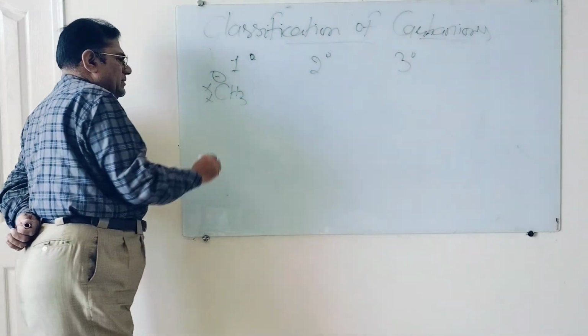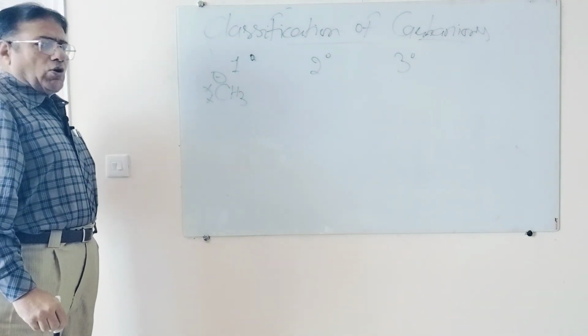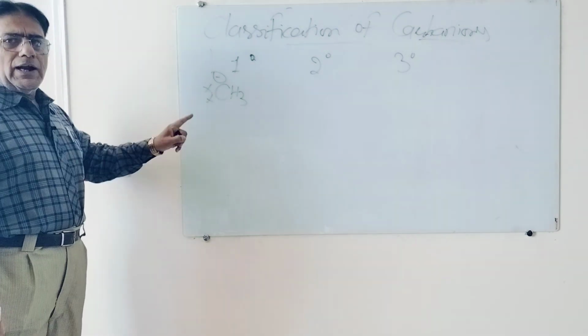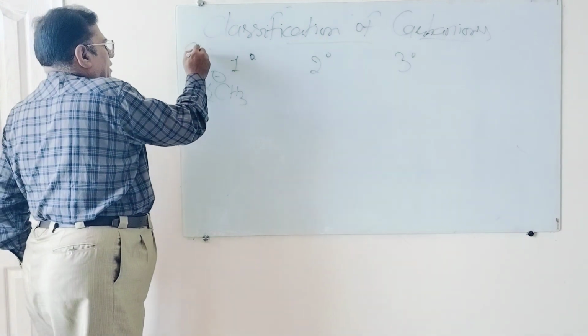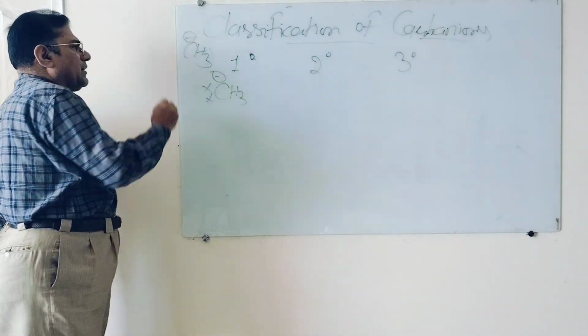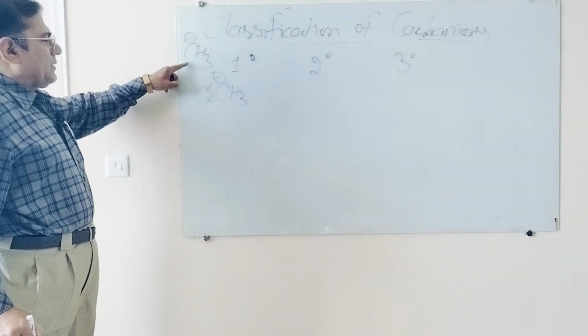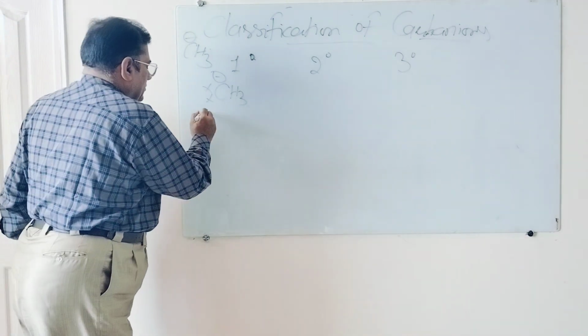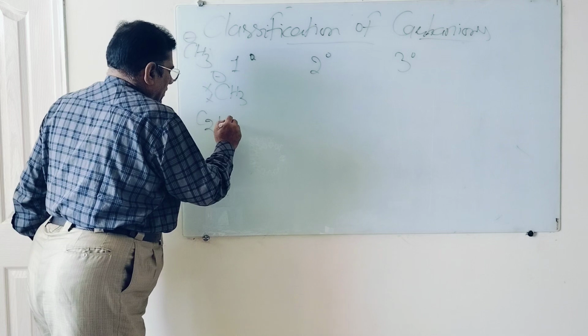It is general practice that you can write both the lone pair and negative charge. If you write only the negative charge, that is understood. Suppose I write only this methyl. This is correct because whenever a negative charge is present on carbon, one lone pair is expected.